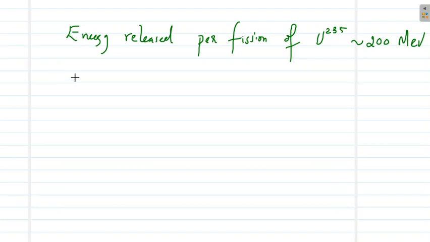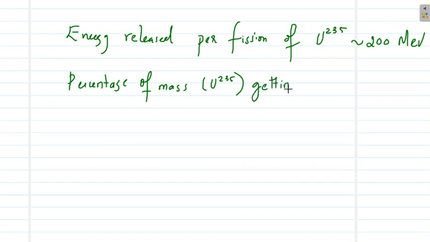So if you calculate the percentage of mass of uranium-235 getting converted into energy, as done earlier, we need to calculate what percentage of the rest mass is converted into energy.